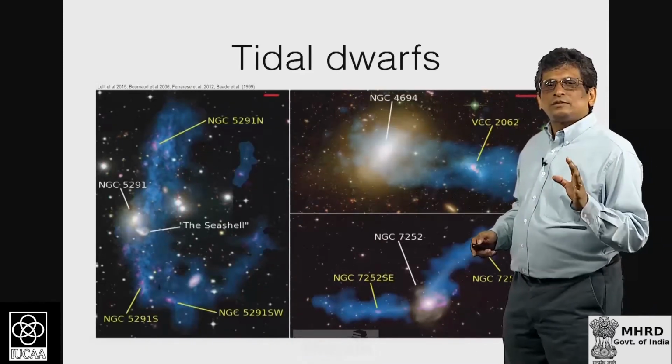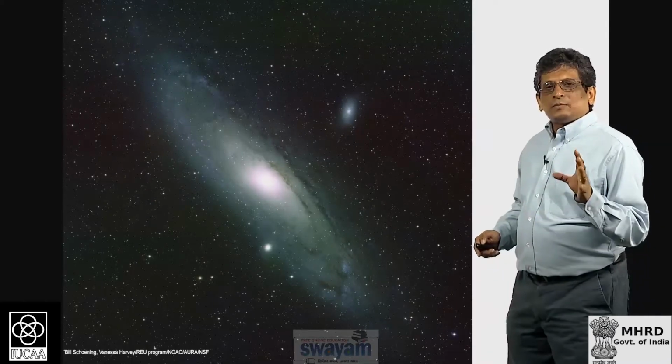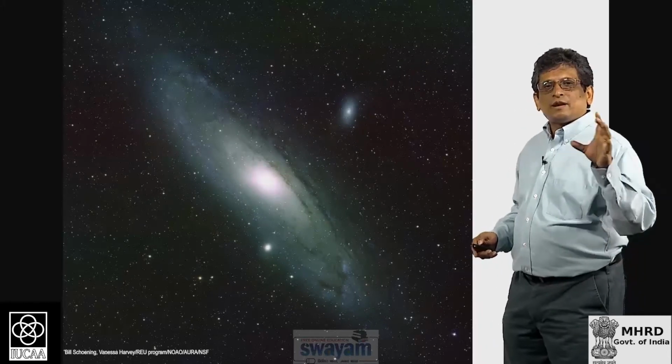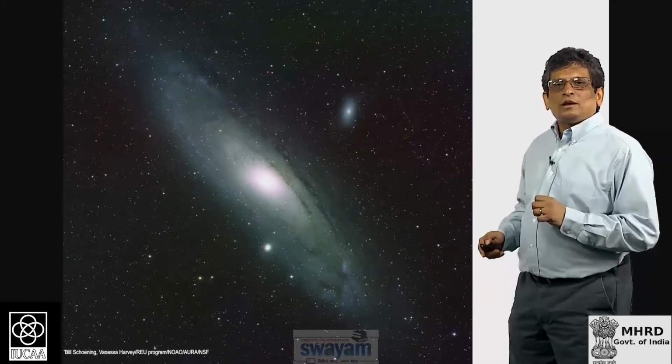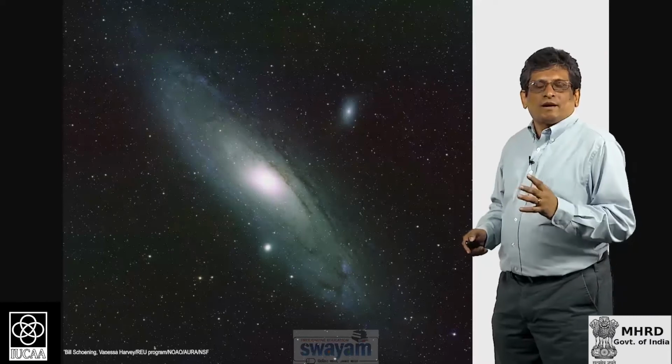But this is not just our galaxy doing this. Our nearest neighbor, the Andromeda galaxy, which is the second half of the Local Group, in this particular picture looks like a rather benign story, where you have a large galaxy with two small dwarf satellites like our galaxy.